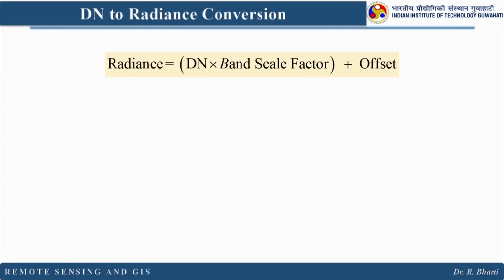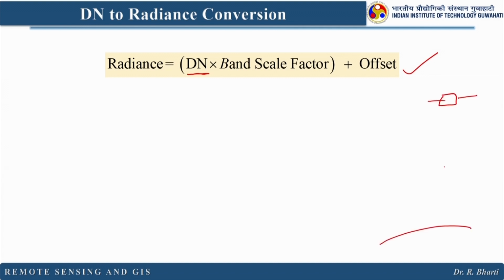So how do we convert this DN to reflectance? First let us see DN to radiance and then radiance to reflectance, right? So how do we calculate radiance? Radiance can be calculated using this formula, where DN is basically your image pixel value, and the band scale factor and offsets are provided by the space agency who launched the satellite, right?